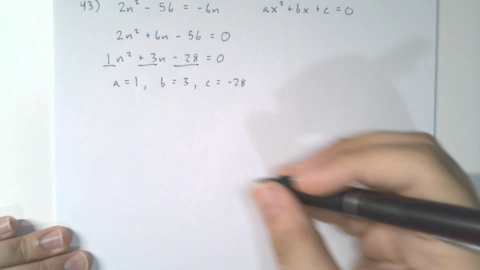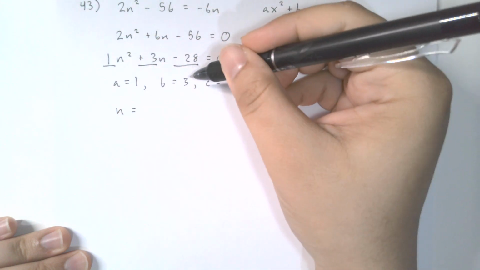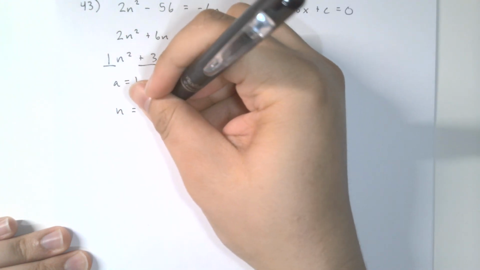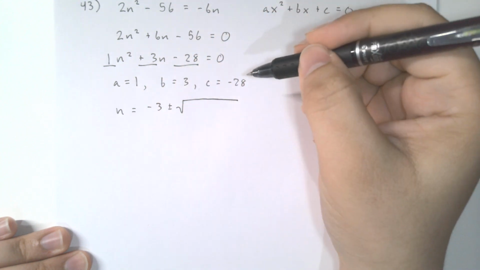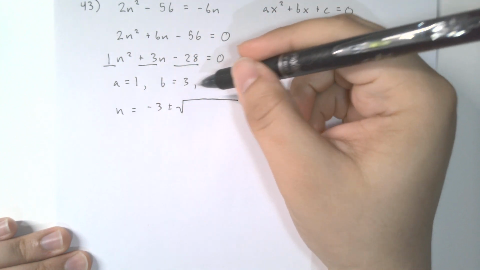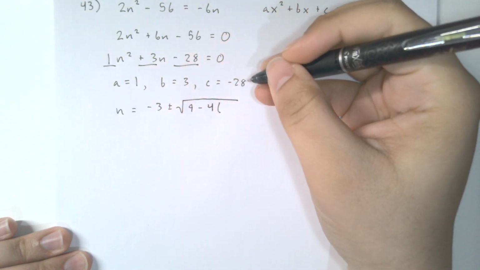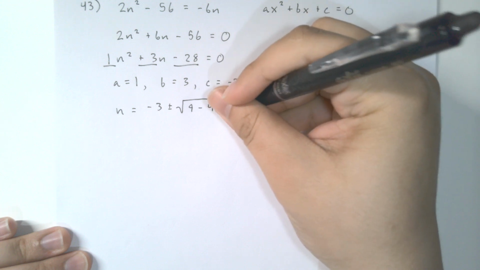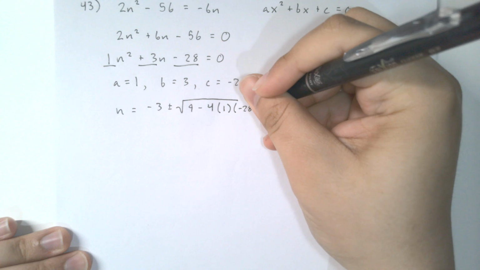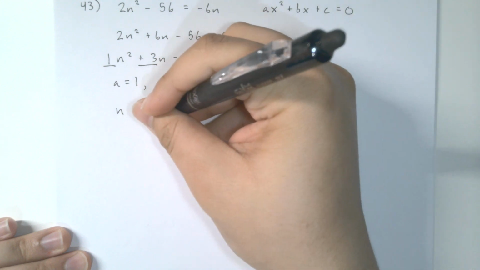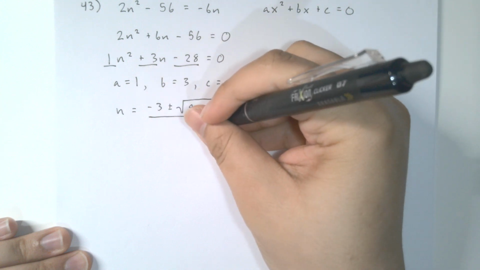And plugging into our quadratic formula, we have n is equal to negative b, so negative 3, plus or minus the square root of b squared, so 3 squared is 9, minus 4 times a, which is 1, times c, which is negative 28, all over 2a, which is 2.